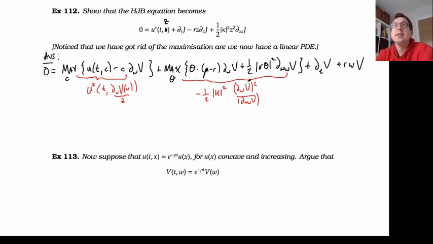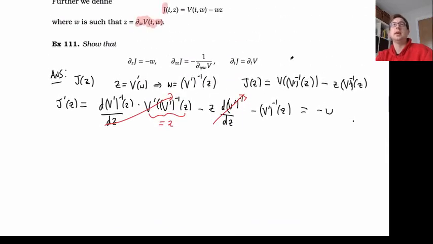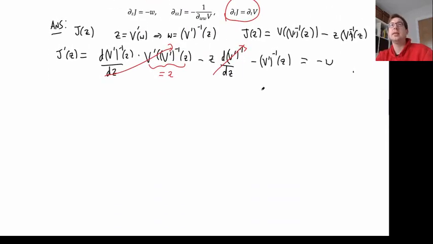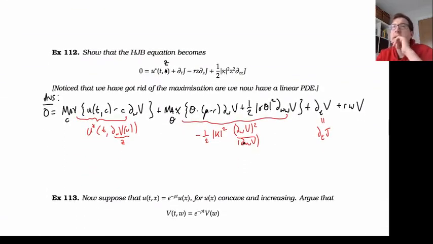Then I can substitute in the values of the j's. For example, this is going to be the partial derivative with respect to t of j, by this term here. For this term here, I'm going to get the second order partial derivative of j. For this term here, that's just equal to z squared.